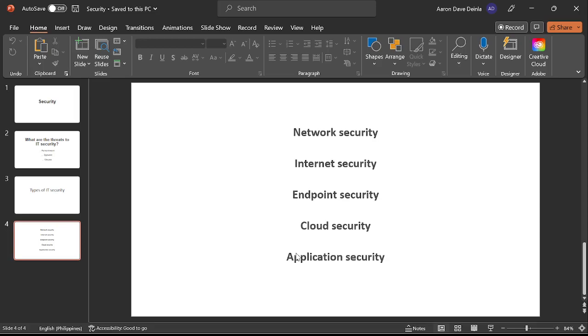Next is cloud security. This one is focused on DevOps. How do we make cloud networks secure? One of the examples is we need to only whitelist the IP addresses of who will use the services.